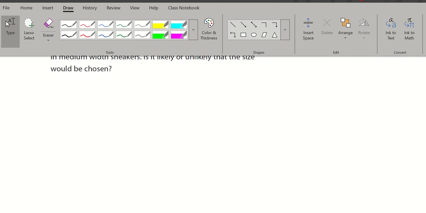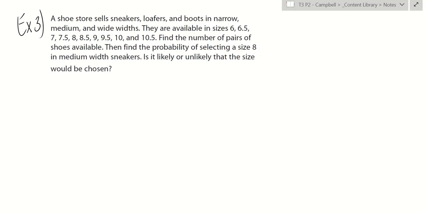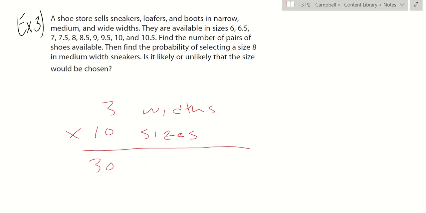Well, if we can choose boots in narrow, medium, or wide, that's 3 widths. And let's count how many sizes. 1, 2, 3, 4, 5, 6, 7, 8, 9, 10 different sizes. So if we have 3 widths and 10 sizes, that's a total of 30 outcomes.